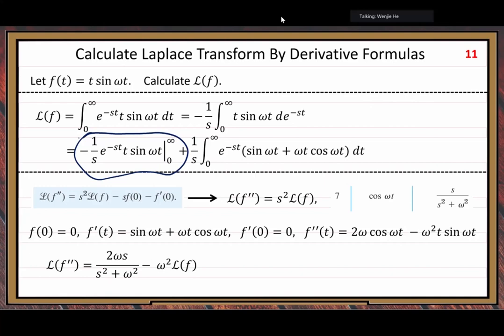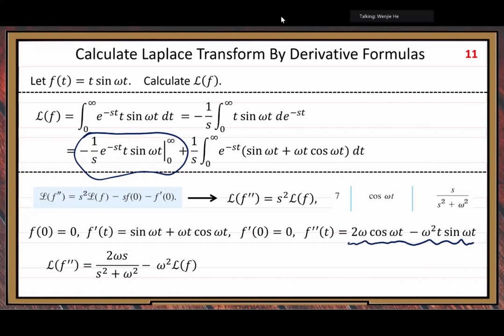This time we apply the Laplace transform on this function directly, and we use the linearity principle. We take 2 omega out, then for the Laplace transform of cosine omega t we apply formula number 7.